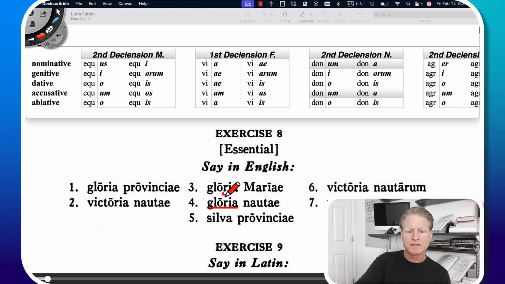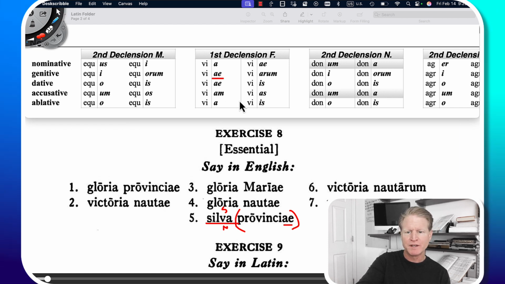Gloria, subject of the sentence, nominative case. Whose glory? The glory of the sailor. Gloria nautae, genitive case. Number 5, Silva provinciae. Silva, subject of the sentence, nominative case. That's the forest. The forest what? Of the province. Silva provinciae. Of the province, the forest of the province.